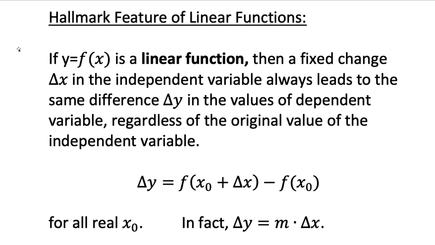Okay, delta x in the independent variable always leads to the same difference, delta y, in the values of the dependent variable, the y values, regardless of the original value of the independent variable. So delta y is f at x naught plus delta x minus f at x naught. It's always the same delta y regardless of what x naught is.